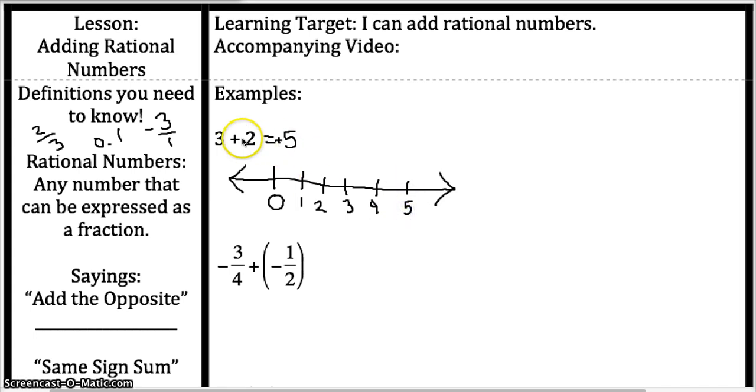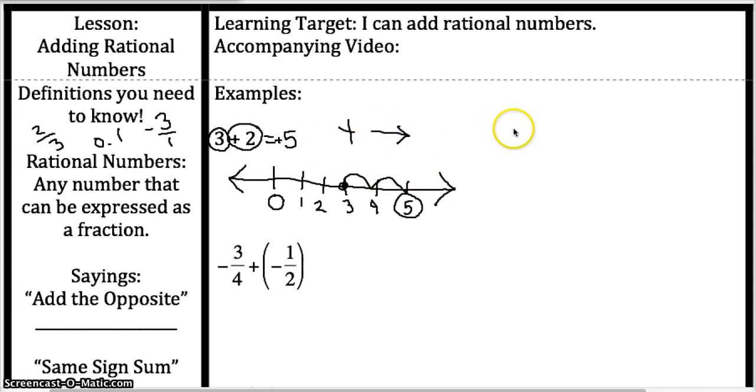All right, so this problem is saying start at 3 and then add 2 to it. So we start at 3 right here, and then we add 2 by going 1, 2, and we end on 5, which is why we wrote the 5 up here. And notice when we were adding, which direction did we move? We moved to the right.